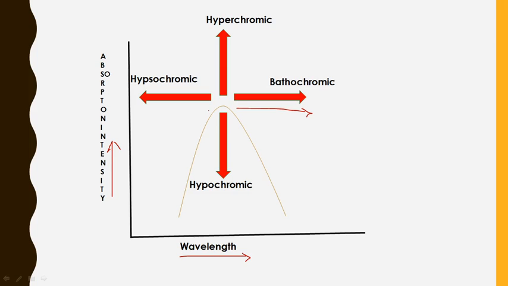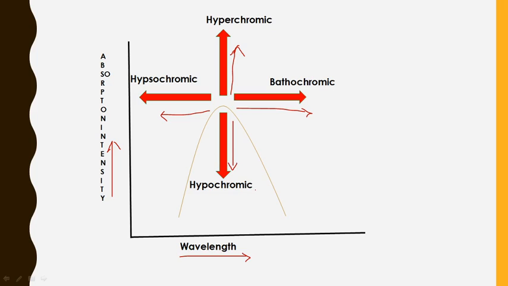When the lambda max decreases, we call the shift hypsochromic shift. This is with respect to wavelength and this shift is with respect to absorption intensity. Whenever the absorption intensity increases, the shift is known as hyperchromic shift. Whenever the absorption intensity decreases, the shift is known as hypochromic shift.